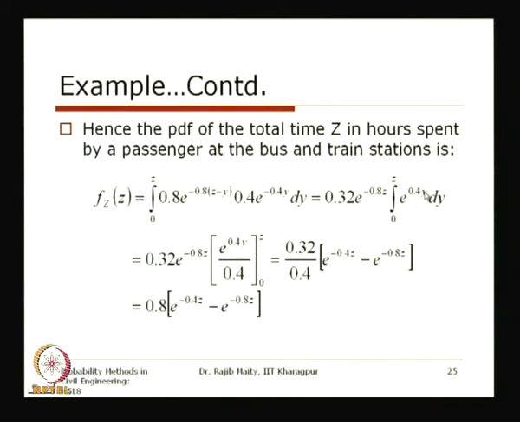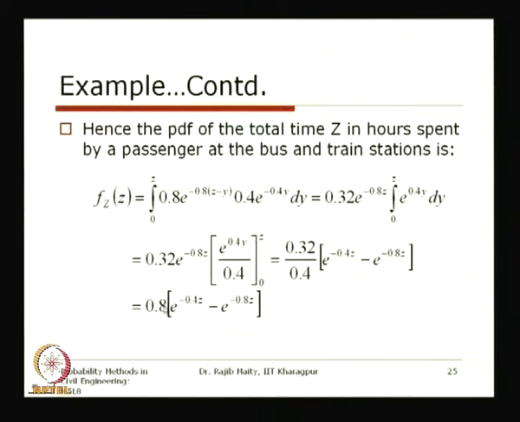If we do this integration for this range, it comes like this: 0.4 times e power 0.4 z minus 1, times e power minus 0.8 z. So this 0.4 is taken out. Finally, it comes to 0.8 times e power minus 0.4 z minus e power minus 0.8 z, and the range of z is of course from 0 to infinity.